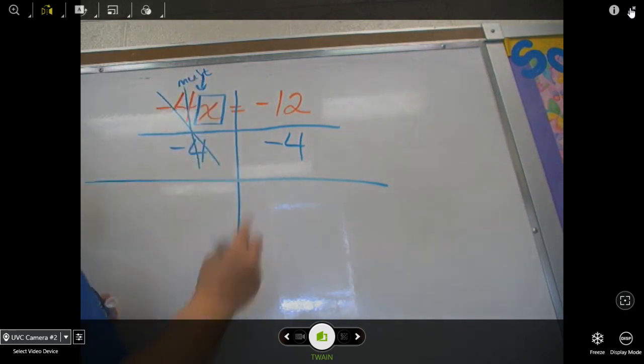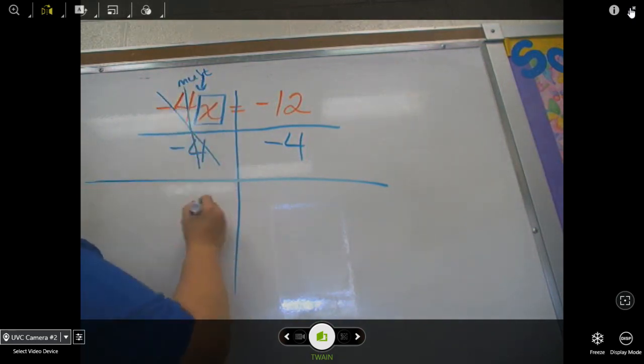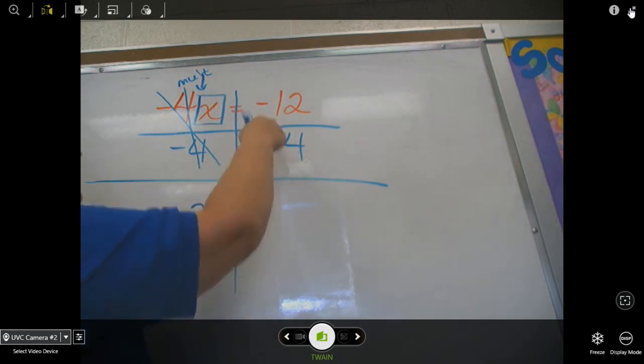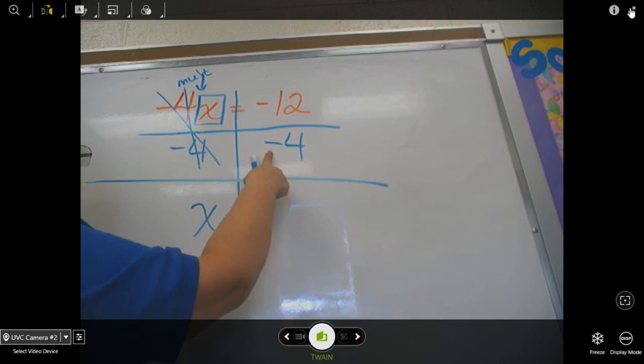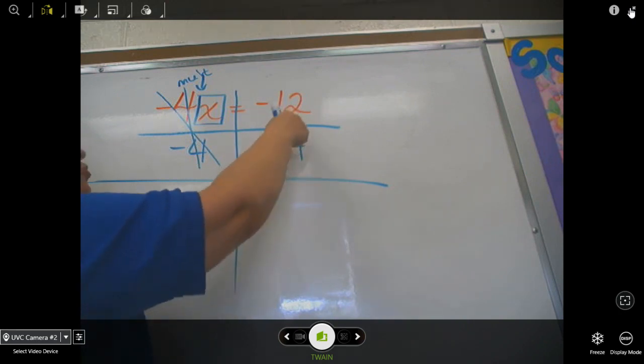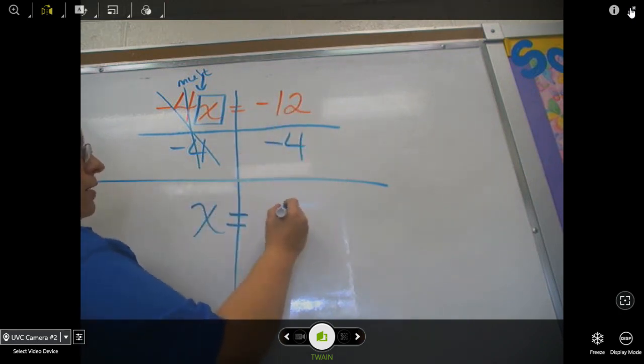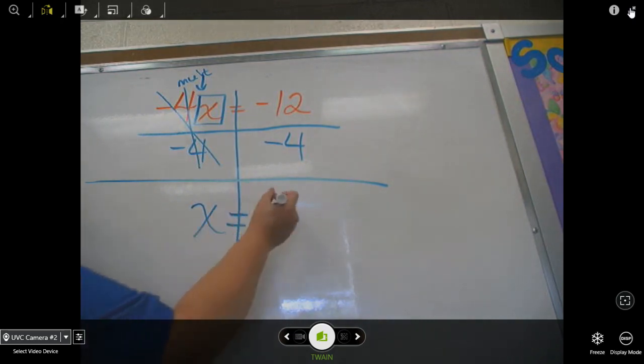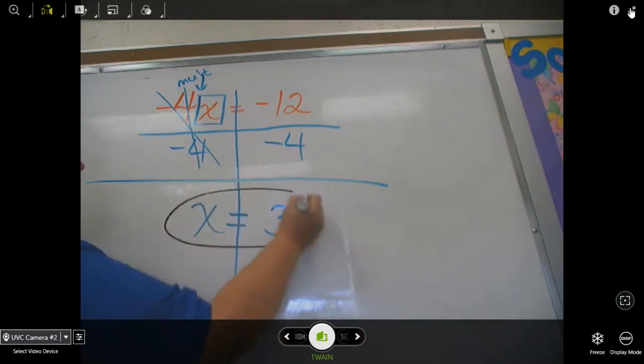Anything divided by itself is 1. So x equals, remember, a negative divided by a negative is always positive. So 12 divided by 4 is 3. So my final answer is x equals 3.